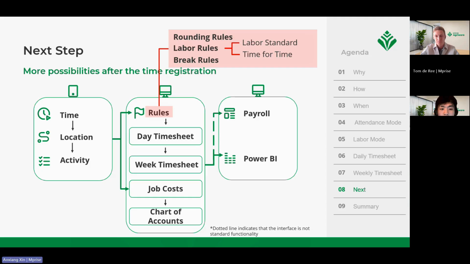And after you have all of this registration, you have 2 options. You can interface with your payroll system, or you can even use an analytics tool like Power BI, for example, to get a nice overview of the production cost of this year, so that next year you can plan with a better method to save more costs.